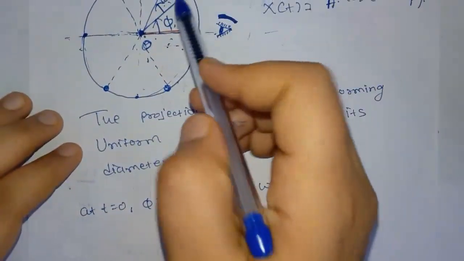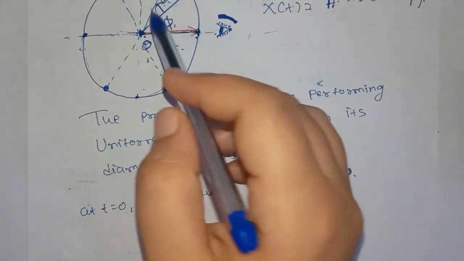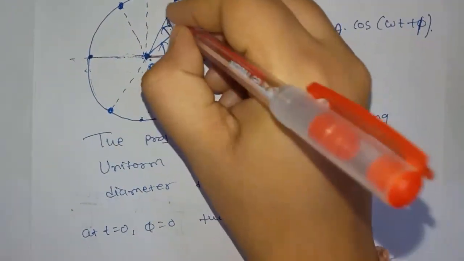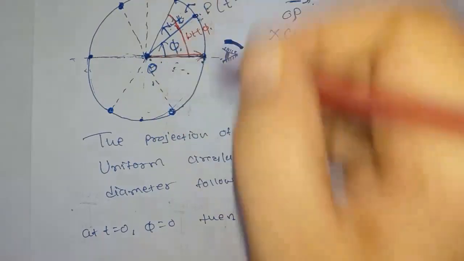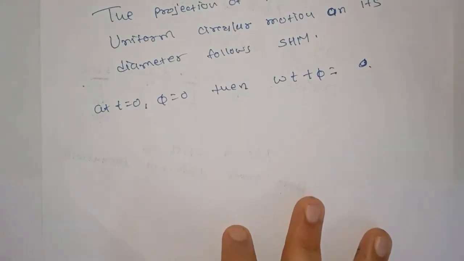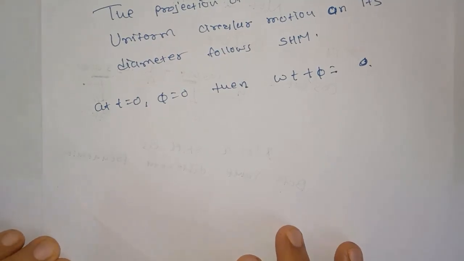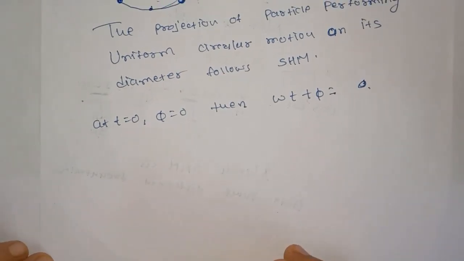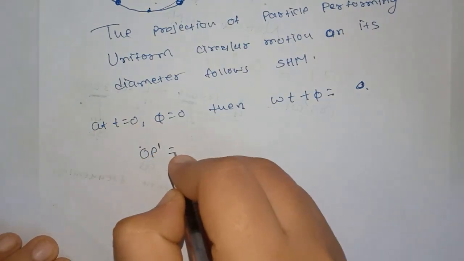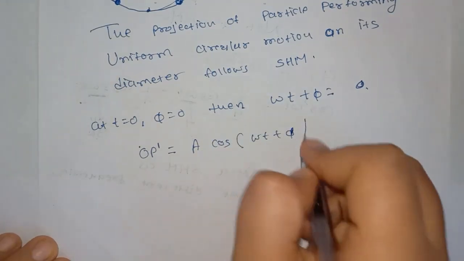Now at time t, when this particle is making an angle omega t plus phi with the x-axis, the projection on the x-axis will be OP dash equals A cos of omega t plus phi.